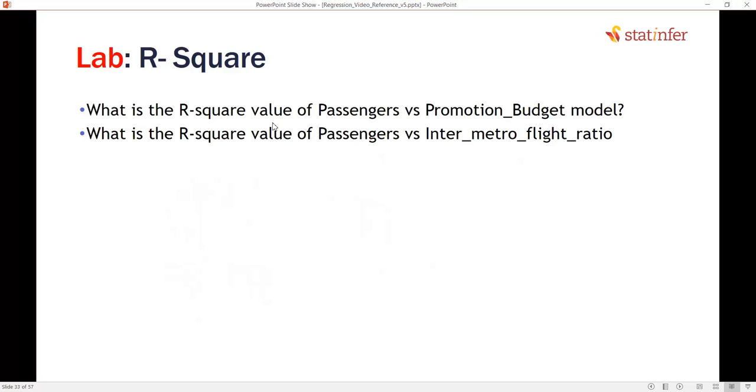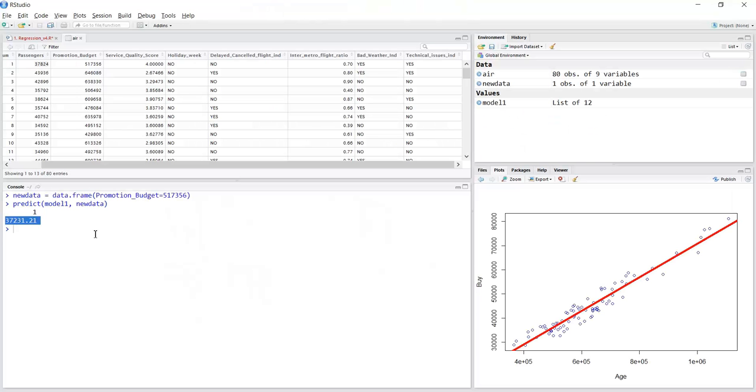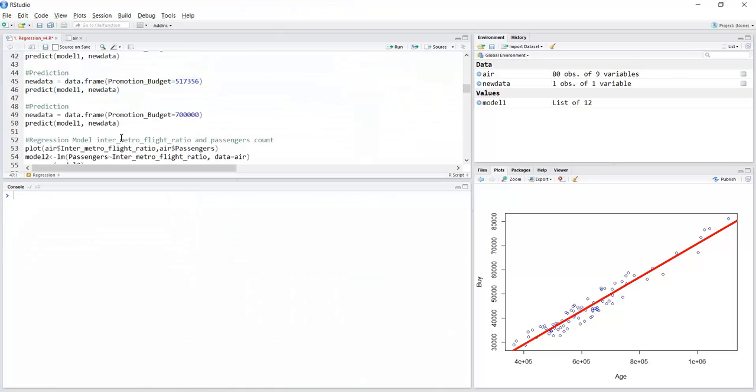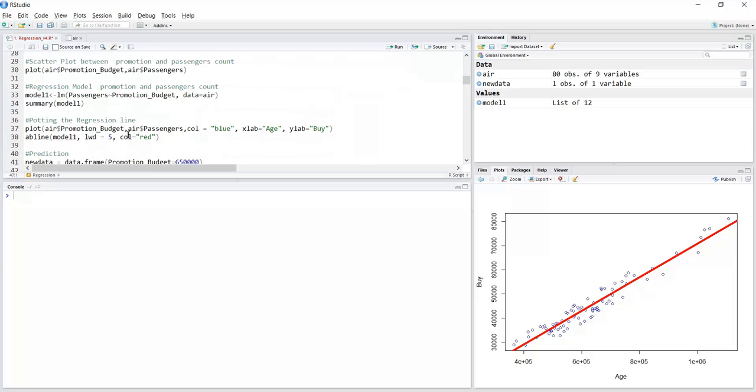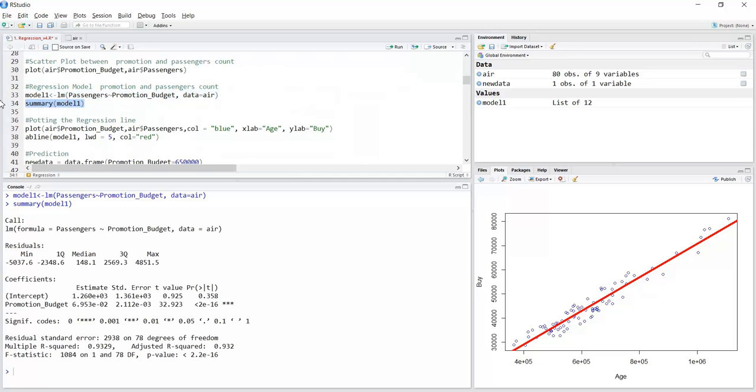Okay, so let's try to do this. We have already fit a regression line, number of passengers versus promotional budget. Let's find out the R square value. What we need to do is simply go to the model, then run the summary of the model. Simply run this. So this is our model. Maybe we can rerun it, and this is the summary of the model.